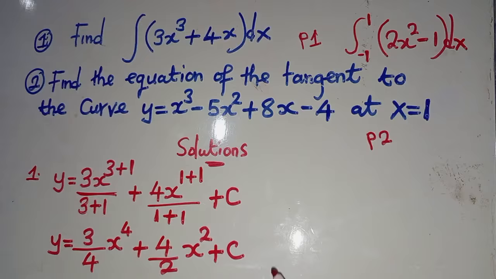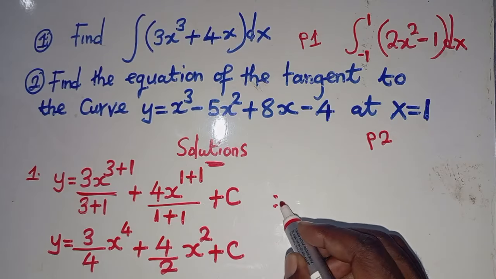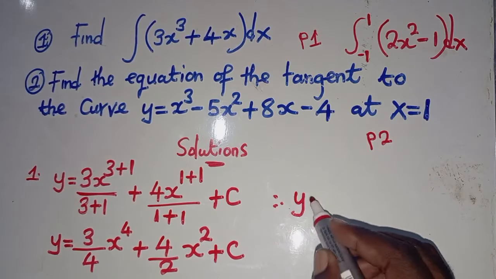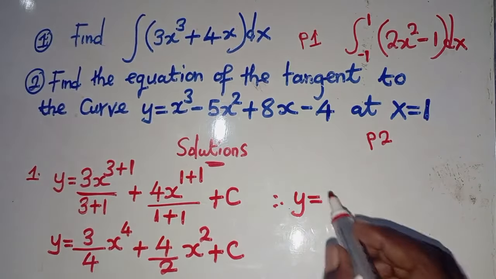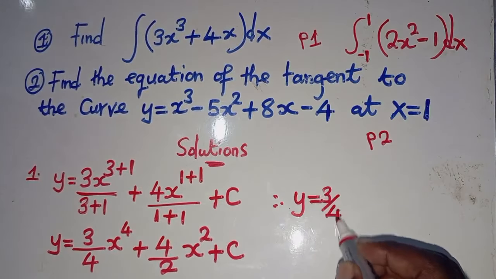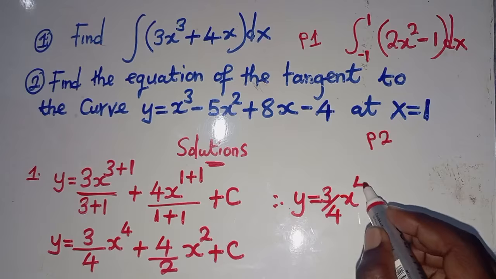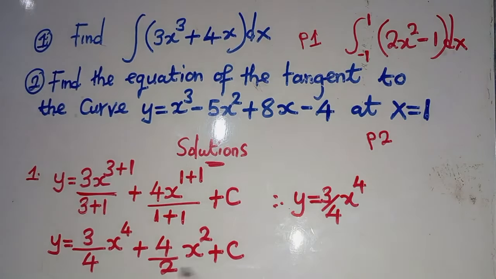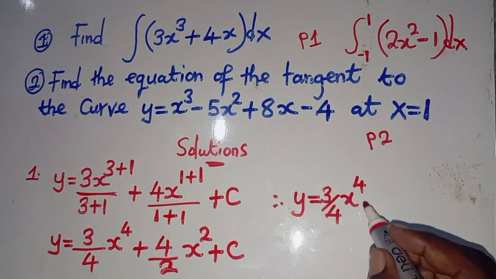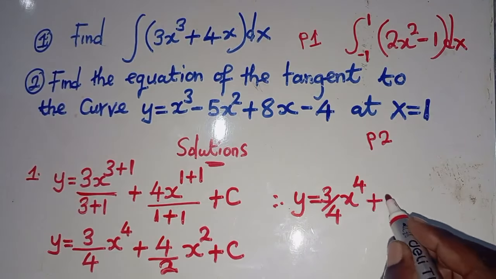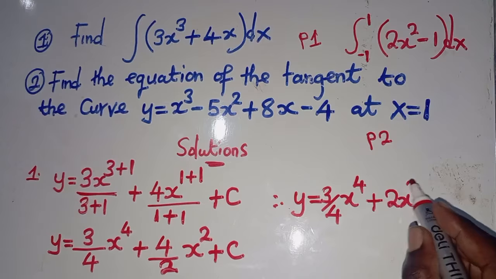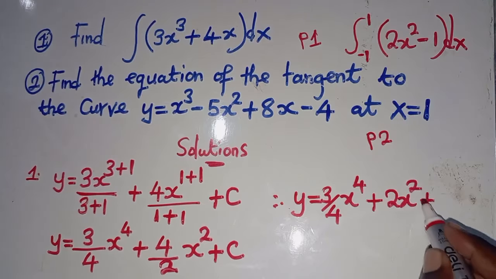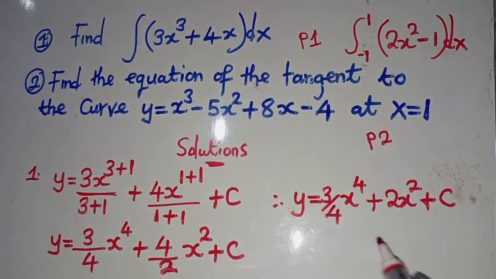You can now finish this and say, therefore now, y is equal to 3 over 4, which will be maintained, x to the power 4. Then this 2 can go into 4, 2 into 4 is 2. So plus 2x squared plus c, which is a constant.